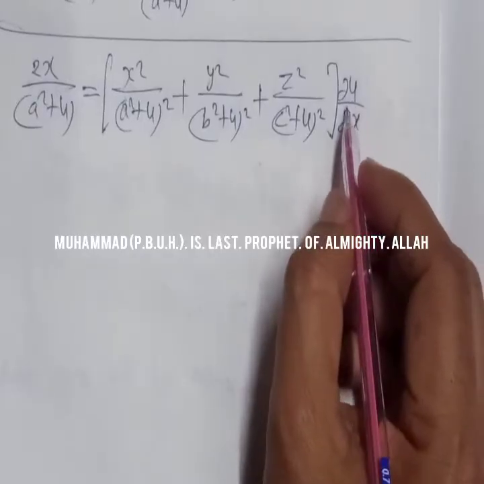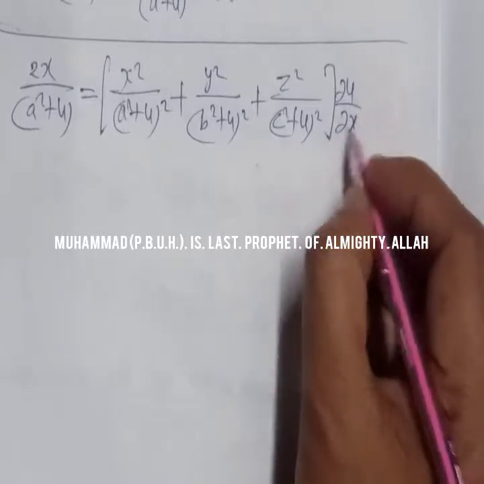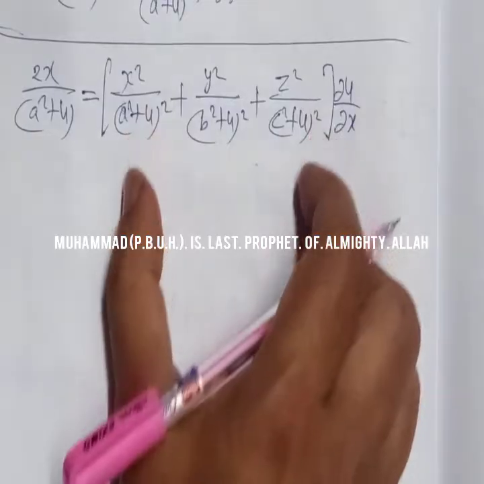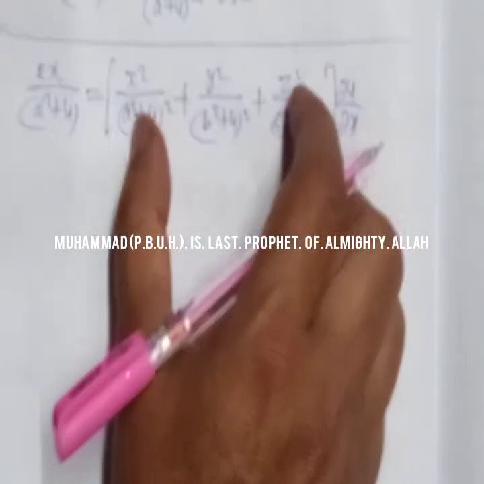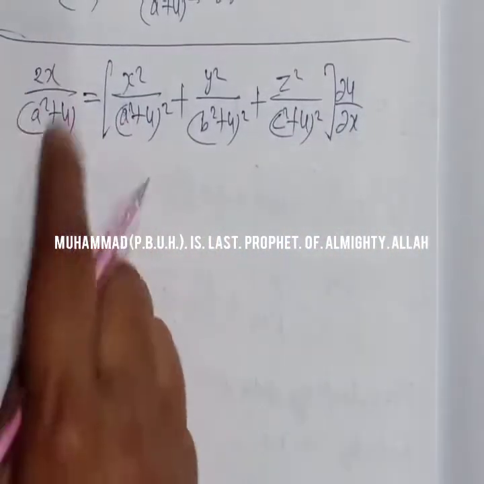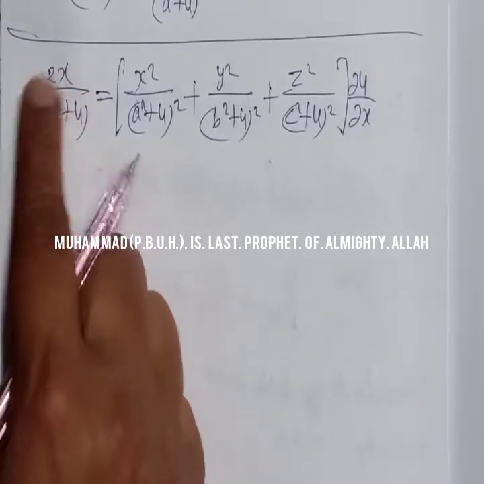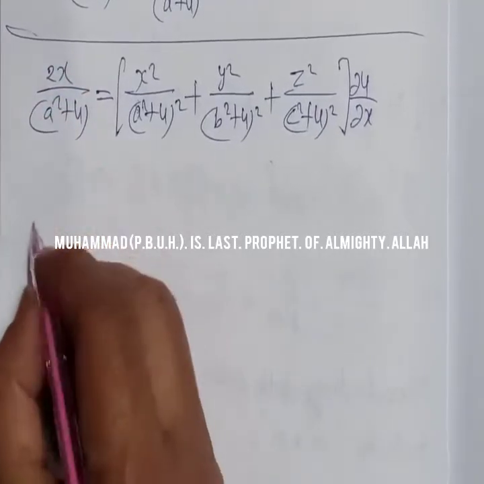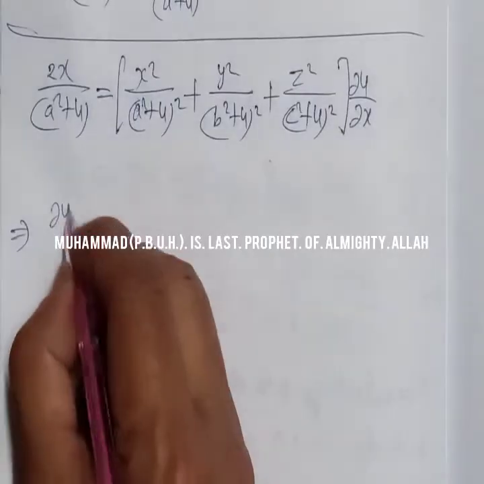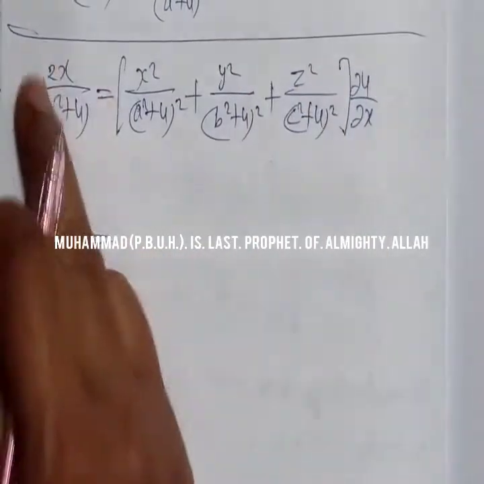If we find the value of del u over del x, then this will go to the denominator of this value, so it becomes numerator. So I write del u over del x from this relation.